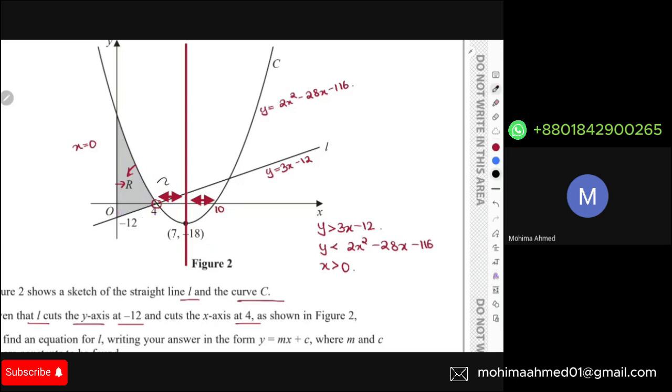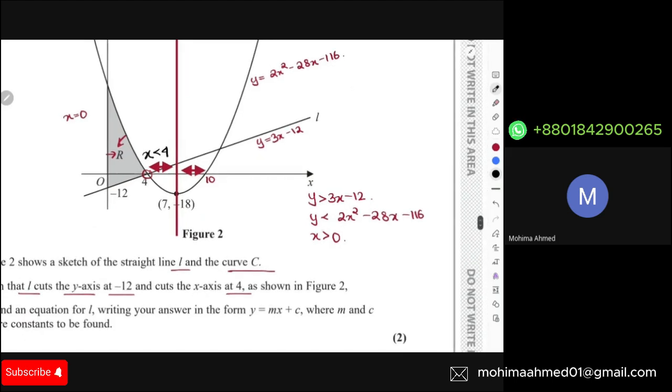That means this is also acting as a boundary, because the region is to the left of x equals 4. So we also get x is less than 4. Eventually I can add this together and write it as x is less than 4 and greater than 0. So these are the three inequalities.